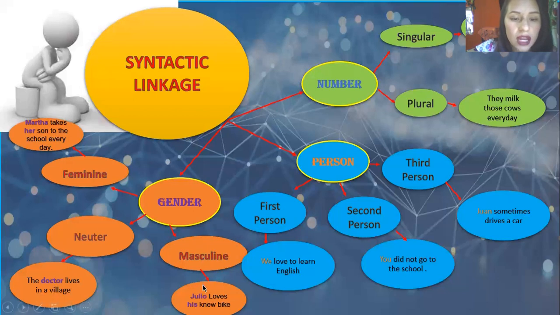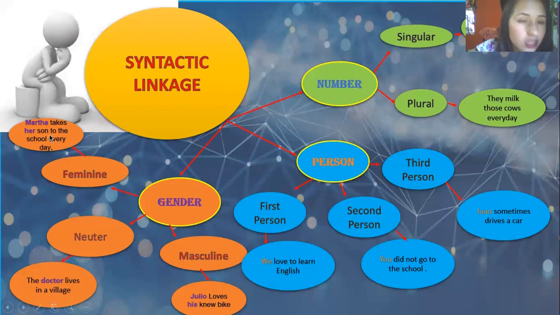Let's look at this example. Julio loves his new bike. As you can realize, Julio has a relationship with his, which is correct, and it reflects masculine.